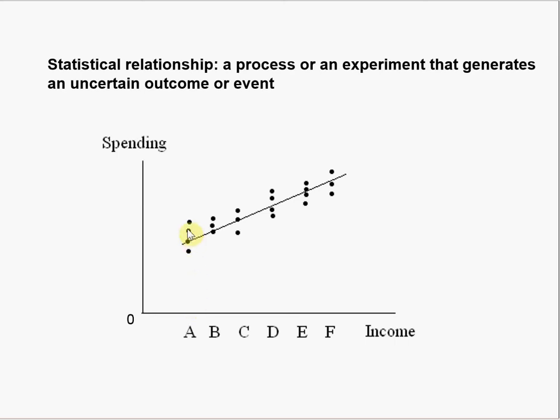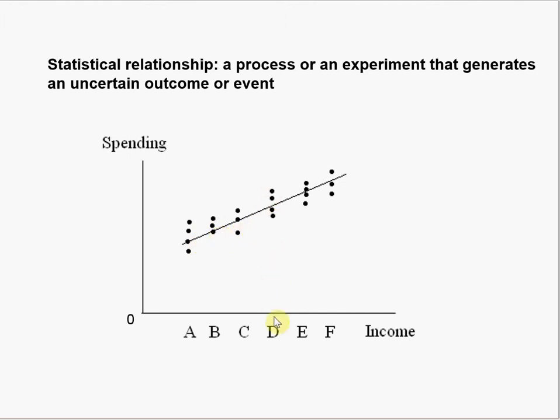So exactly which one is uncertain. You have a range of values of spending among those people who earn the same level of income. And with increasing income level, in general, people also spend more.